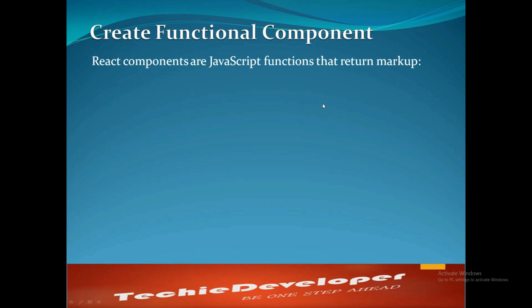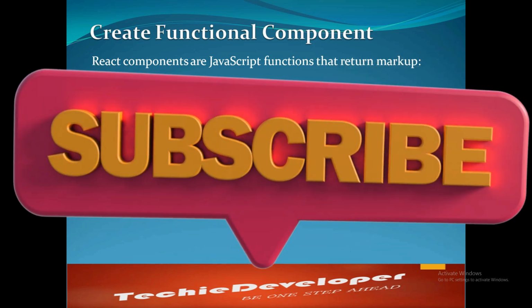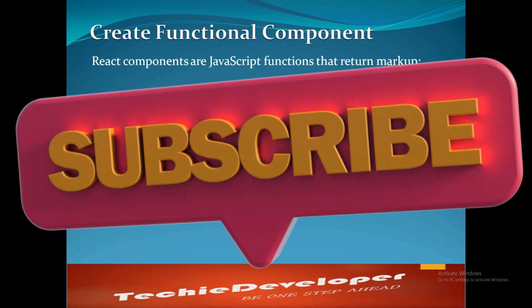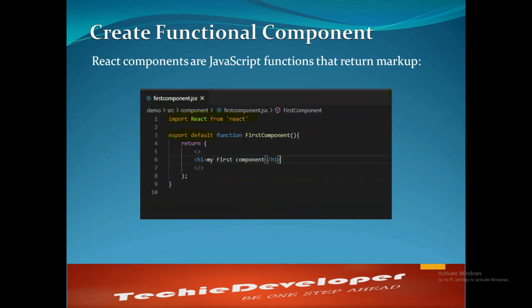Let's create the functional component. React components are JavaScript functions that return markup. So what do we mean by markup? I already told you there are two types of components. The first is the functional component, which we are seeing now, and the next one we are going to see is the class component.